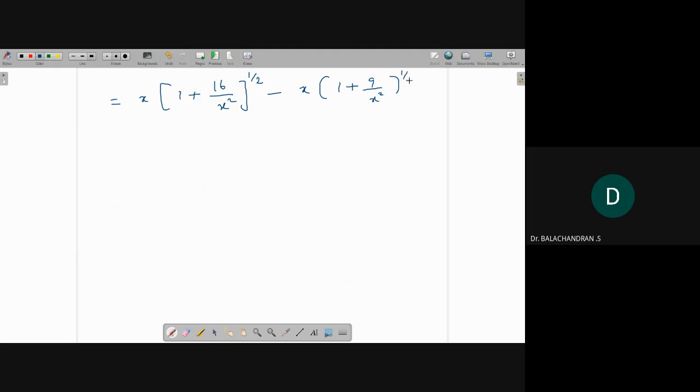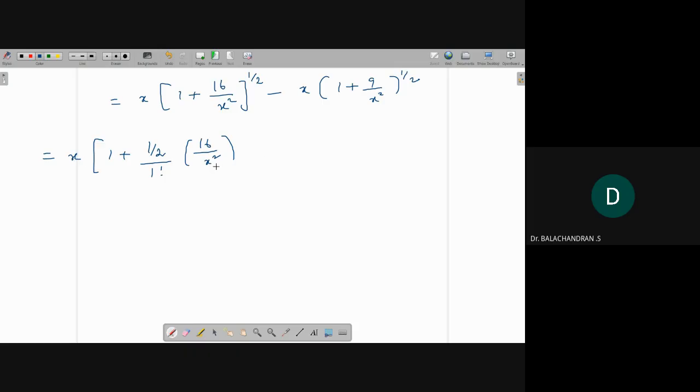So you know the binomial theorem, that is 1 plus x whole power n. Okay, so to expand this, we will get what? 1 plus n, n is 1 by 2, divided by 1 factorial into 16 by x square. Here I have x, here I have x square.